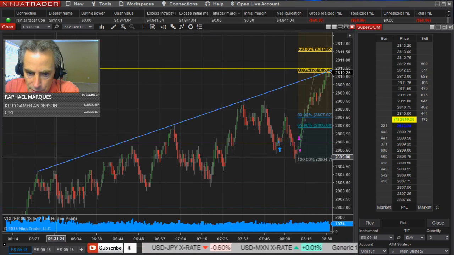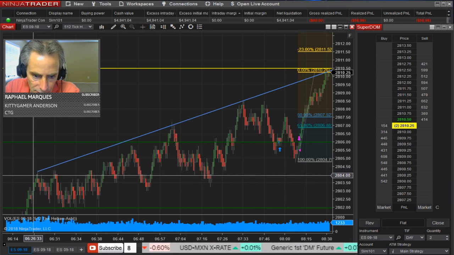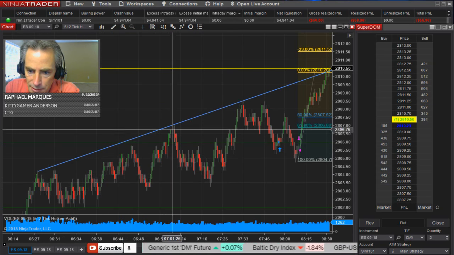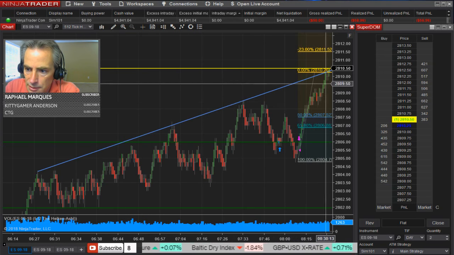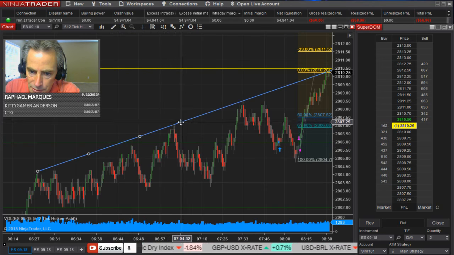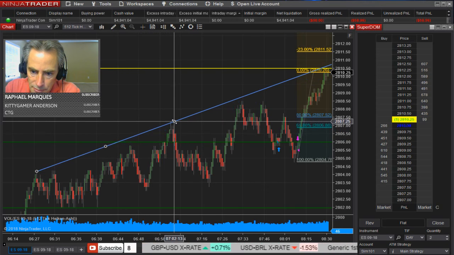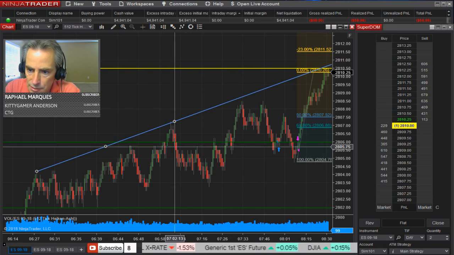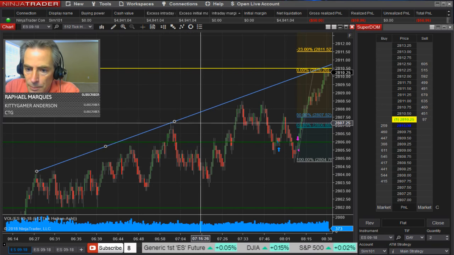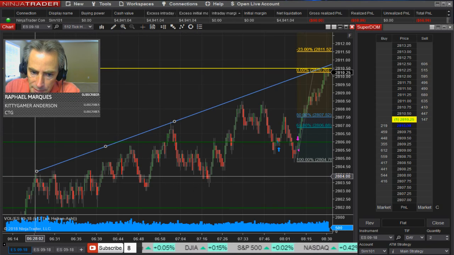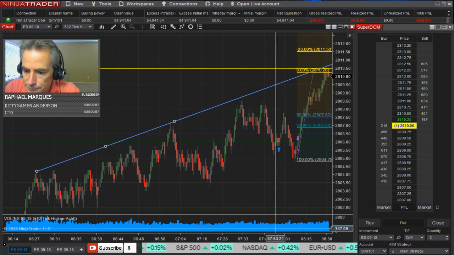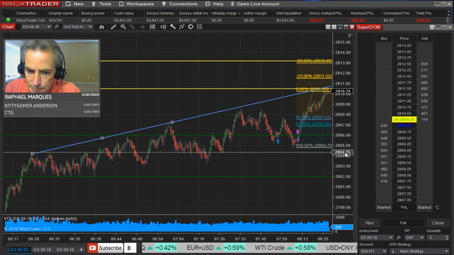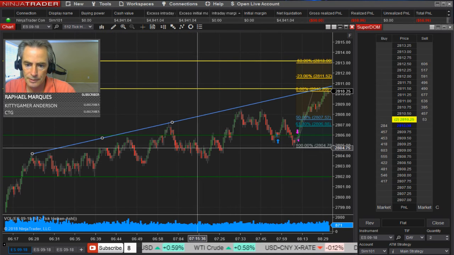The reason why we draw the top of this here is the market tends to repeat itself and come back to those areas. And the way you draw that up is you take your two major highs there and just connect them, and it continues on. So we've now hit the top of that 4 times. And you can do the same with the bottom, and that's how you create your channel.